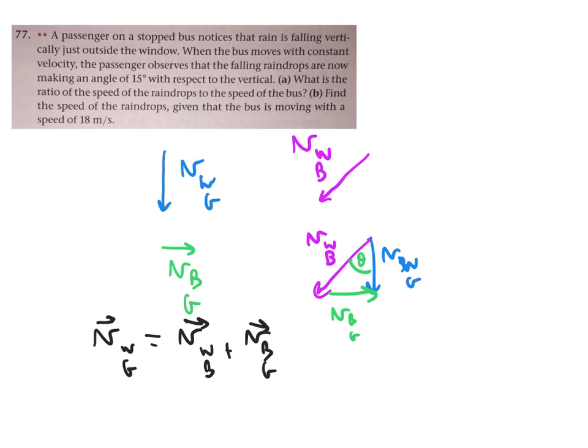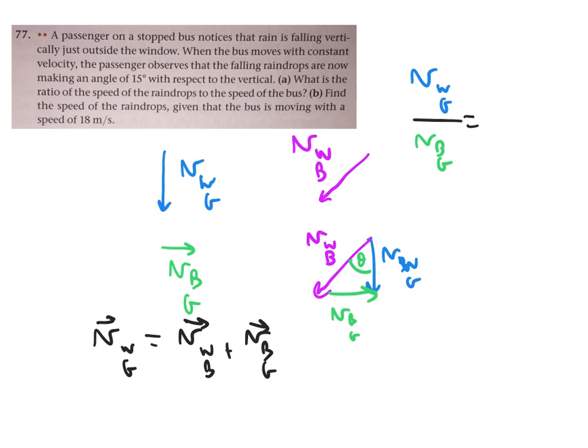Then if we go back to the problem, we can ask, what is the ratio of the speed of the raindrops relative to the speed of the bus? So we really want the velocity of the raindrop relative to the velocity of the bus, both of those with respect to the ground implicitly.